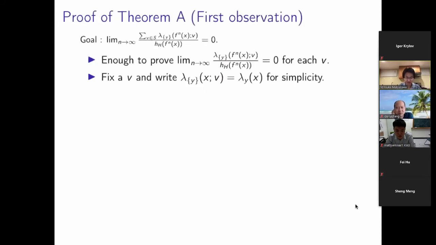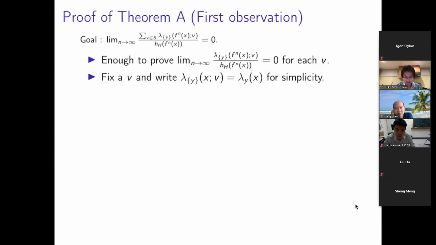Okay, so let me go into the proof of the theorem. Remember that this is our goal. Because this is just a finite sum, we only need to prove that for each v, the limit goes to 0.